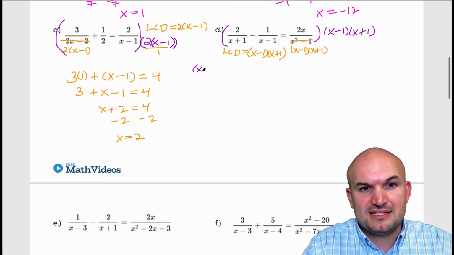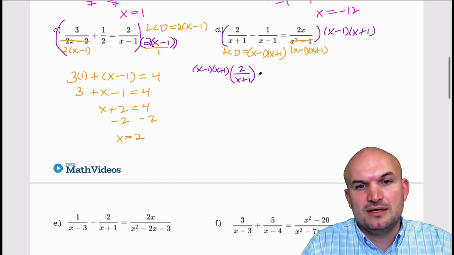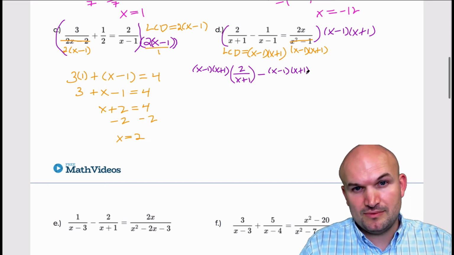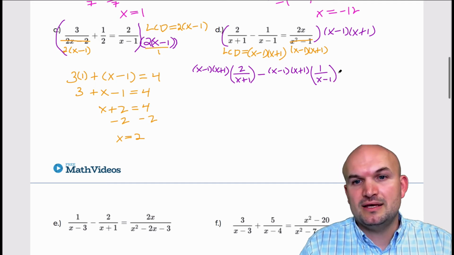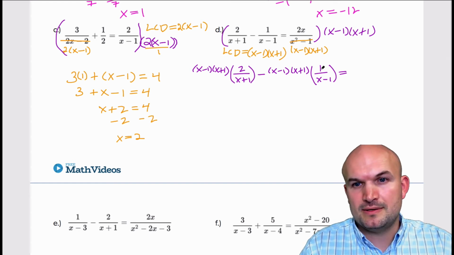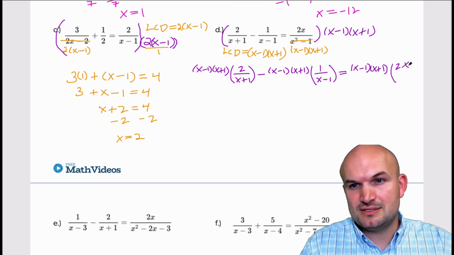So it's going to be x minus 1 times x plus 1 times 2 over x plus 1, minus x minus 1 times x plus 1 over 1 over x minus 1, is equal to, let's do it one more time, x minus 1 times x plus 1 times 2x over x minus 1, x plus 1.